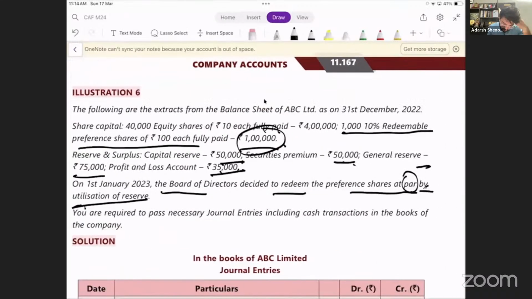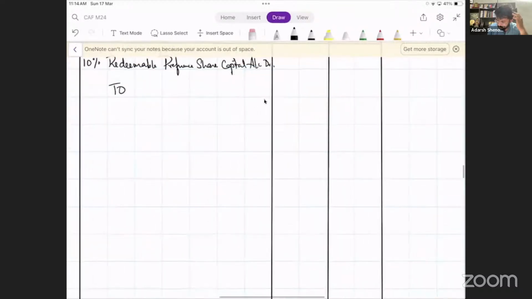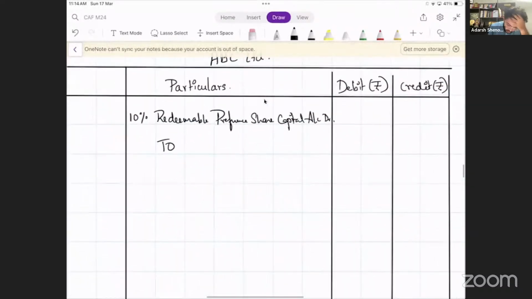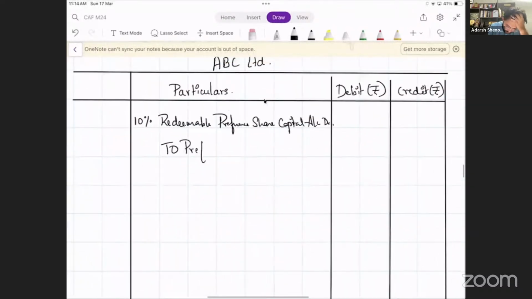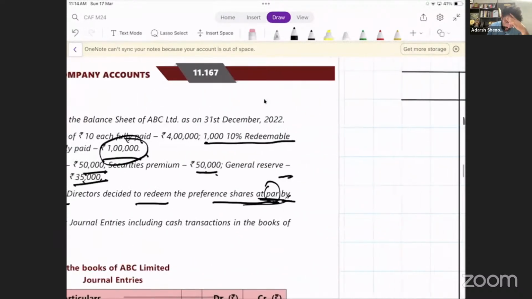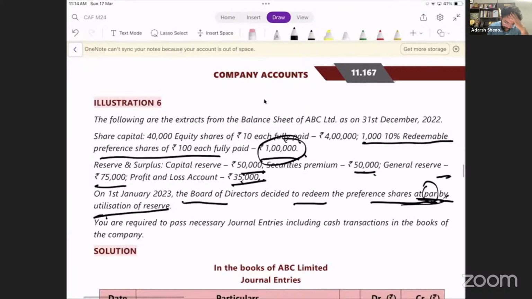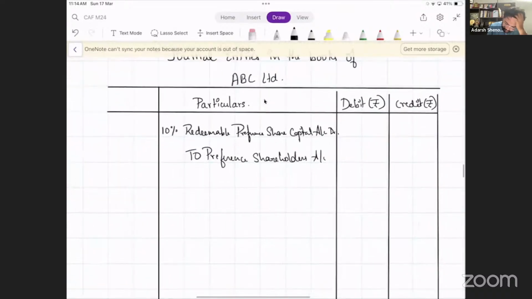There's no premium on redemption. So at par. So to preference shareholders account. One thousand into 100, that's 1 lakh.